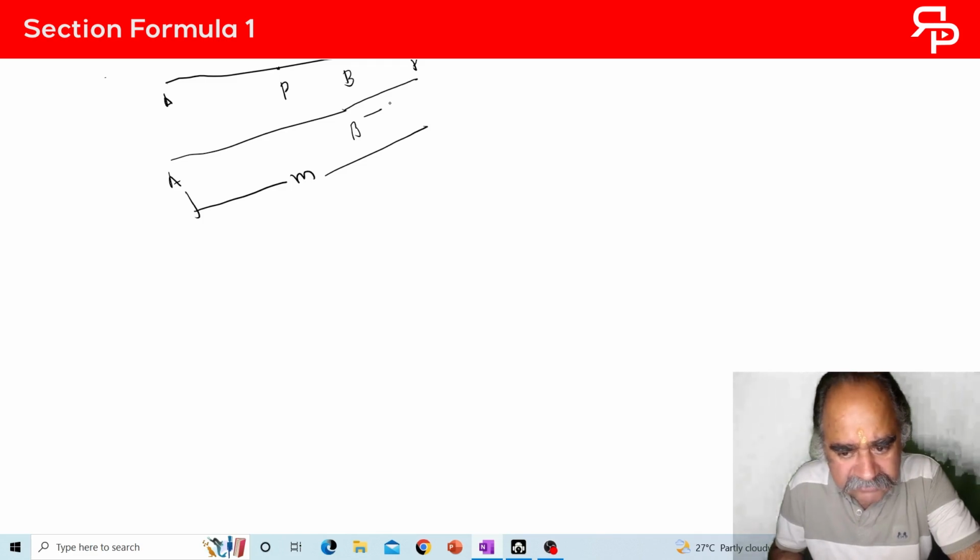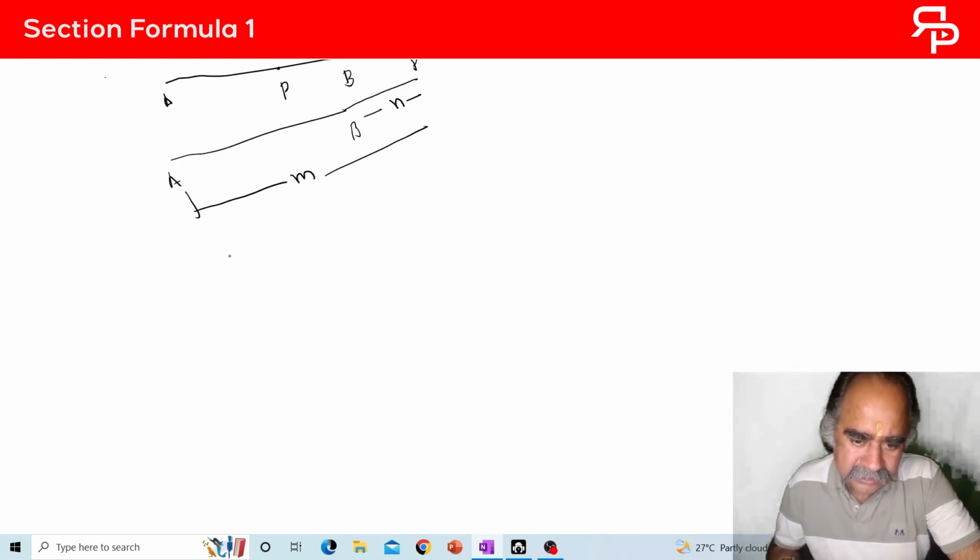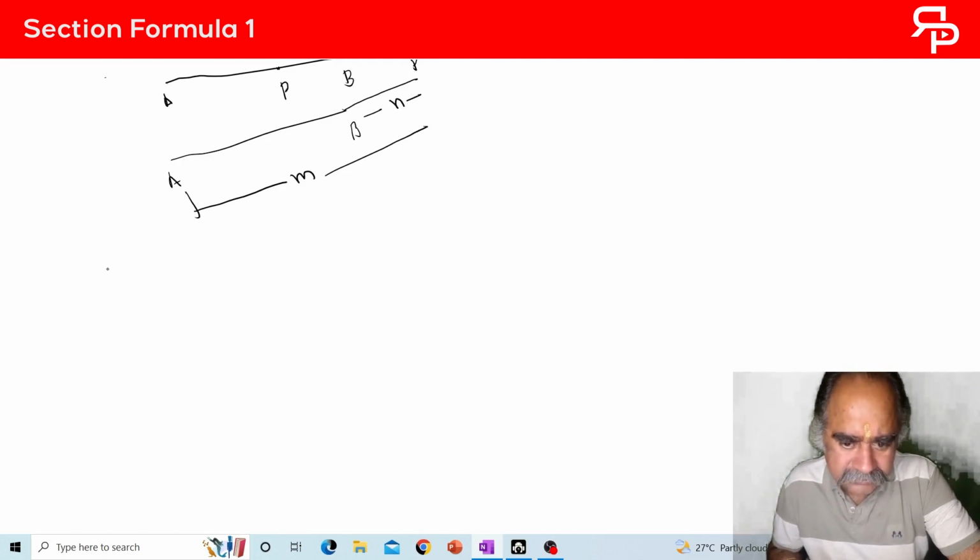In this case, you are observing numerator is larger than denominator. And in the second case, when numerator is smaller than denominator, point P will be outside segment AB, but near to A. So there also it is AP upon PB.